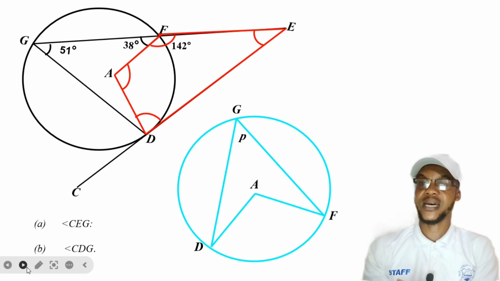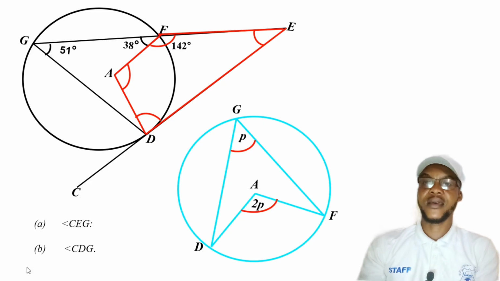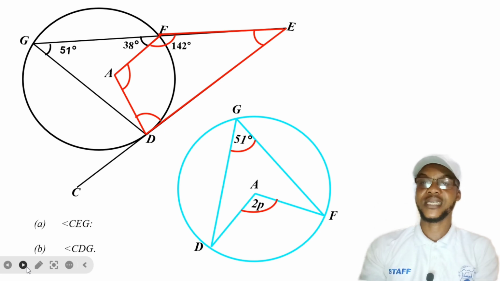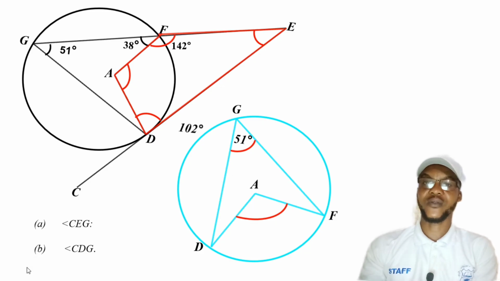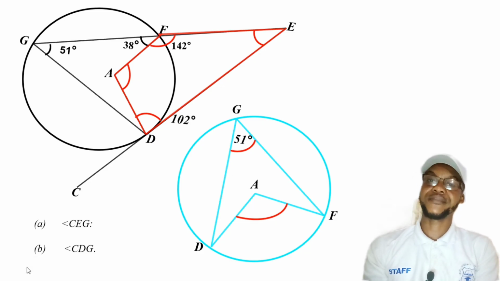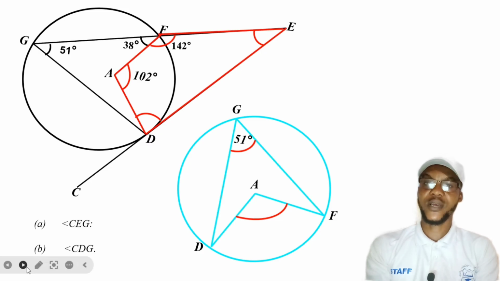If the angle at G is P, then the one at A is 2P. We know that the angle at G is 51 degrees, so twice 51 degrees gives us 102 degrees. Very interesting. Once we get that angle, we can conclude that the angle at A in the question is what?